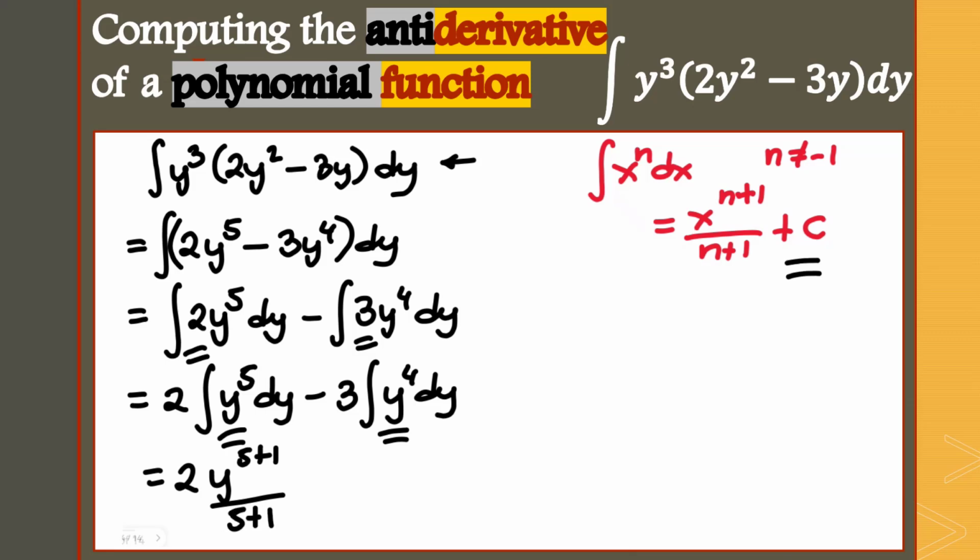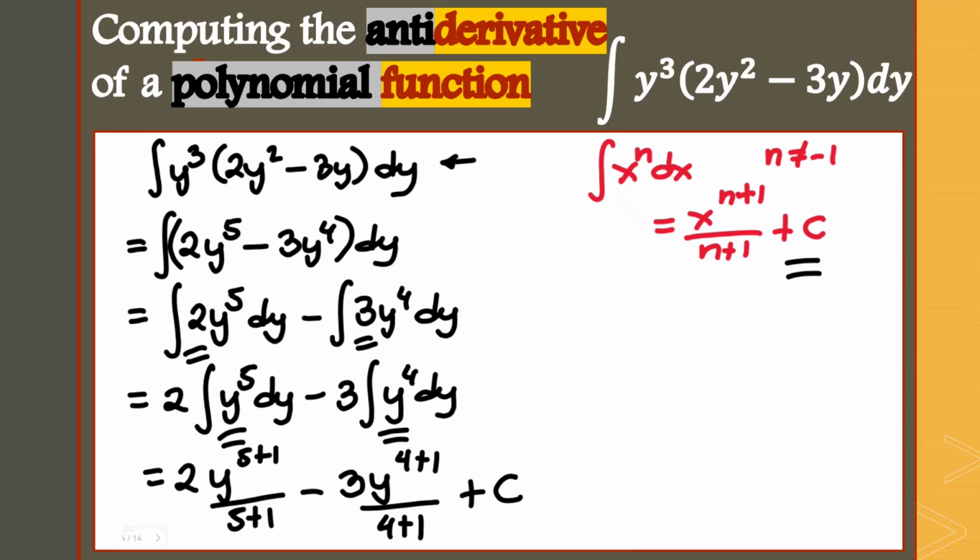Let's add c later on, because c represents the arbitrary constant for the entire expression. So if you have c for this and c for that, even with the multiples, we can just simply invoke the arbitrary constant c to generalize all of those. So you have minus 3 y to the power of 4 plus 1 over 4 plus 1, then plus c.